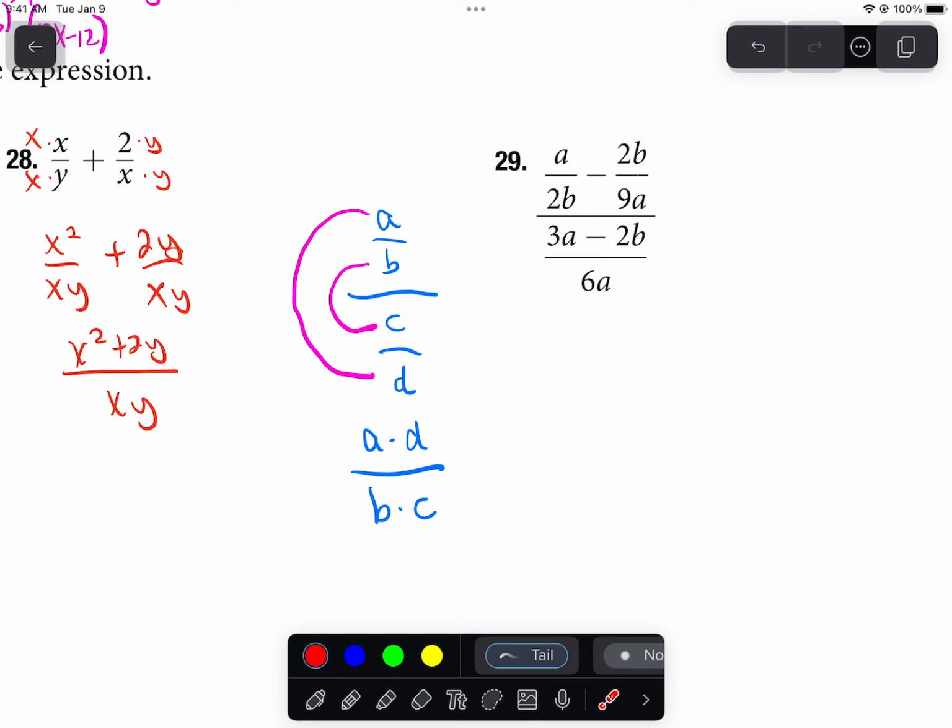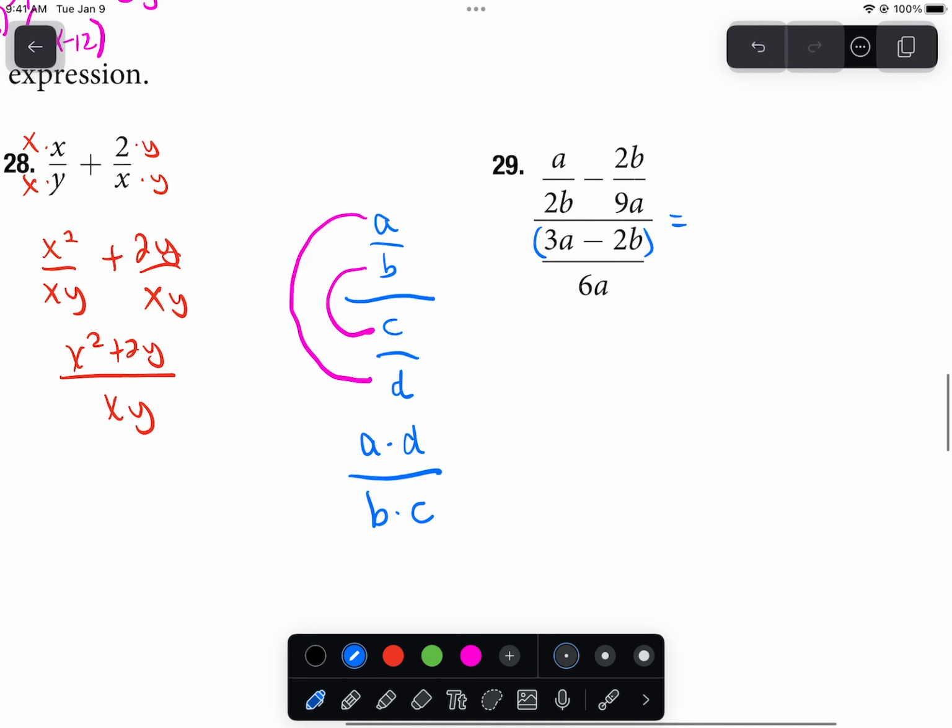Okay, so looking at what we did for 28, let's peek back at 28. For 28, this was simplified because we mushed the fractions together. This bottom two, it's already mushed. So let's leave the bottom two alone, put parentheses there. So I'm going to leave the bottom. There's nothing else I can do.